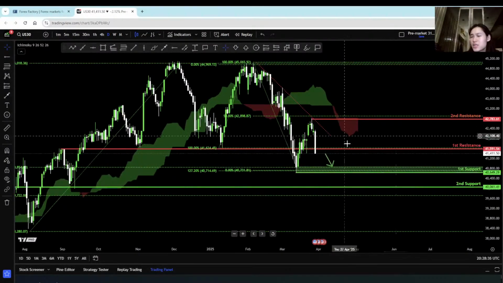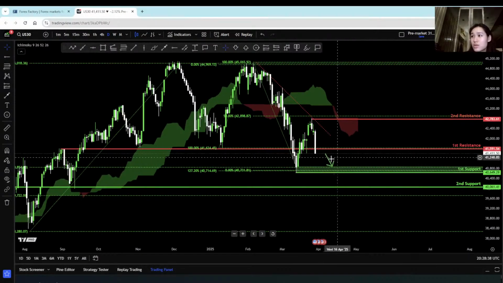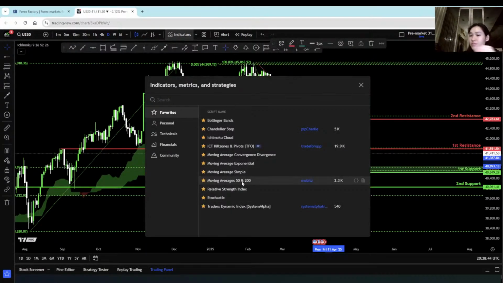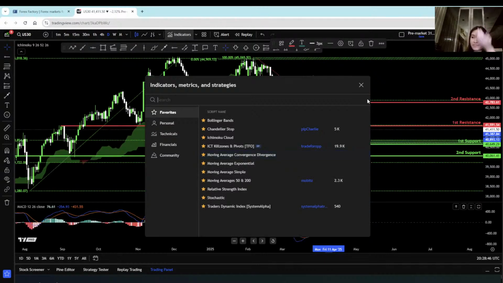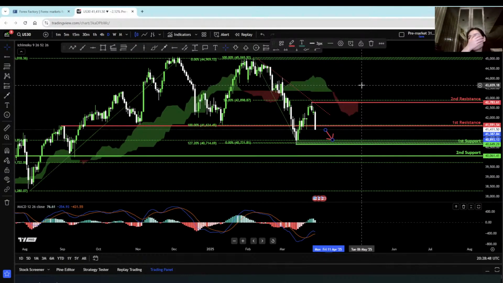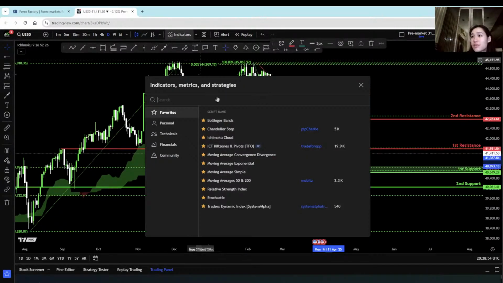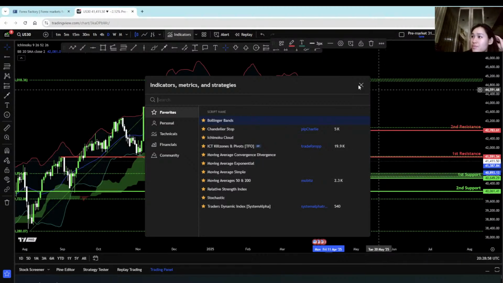Okay, prices are moving below the cloud, so it does support our bearish analysis. MACD is giving us kind of a bullish signal, so I'm not gonna use that for now. Bollinger Bands.